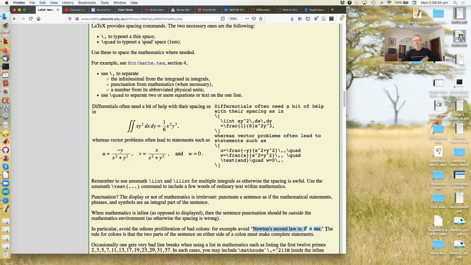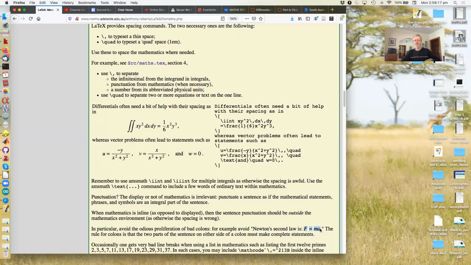There is a fundamental rule for colons in English, and that is the two parts of the sentence on either side of that colon must make complete statements in their own right. So if you go into this sentence, F is equal to ma. That is a statement in its own right. So that's fine.